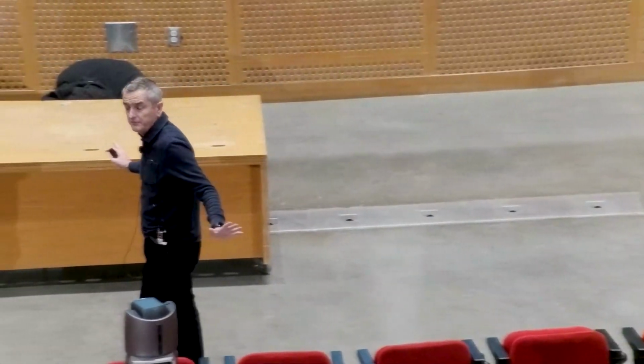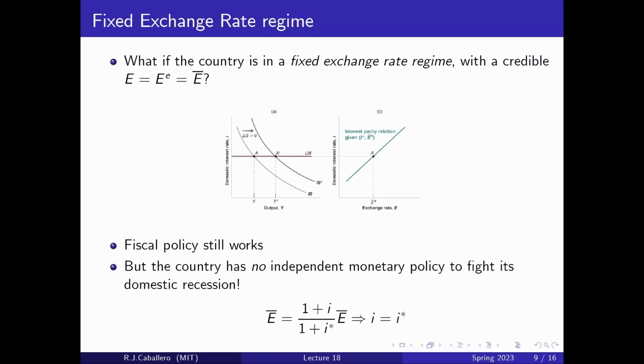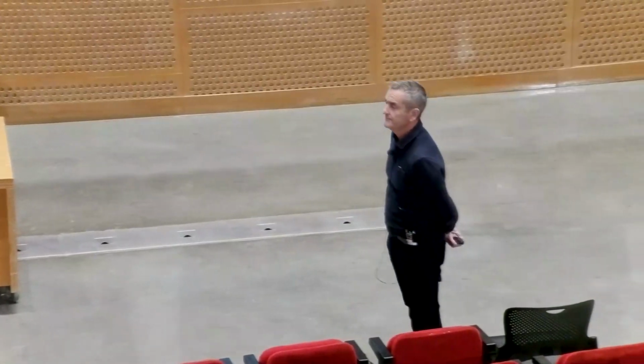That's it. But no difference in the analysis. In fact, fiscal policy has exactly the same effect as in the flexible exchange rate case, because I haven't moved the exchange rate in either case. Okay? What should the central bank do? That's a tricky question.